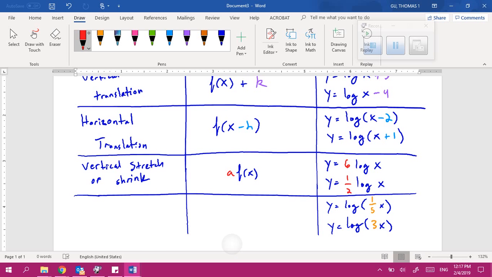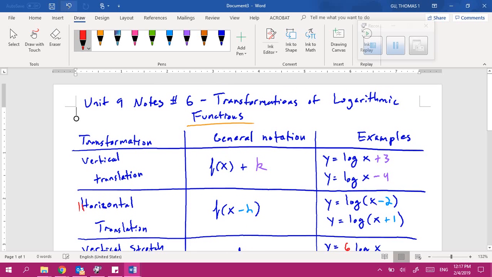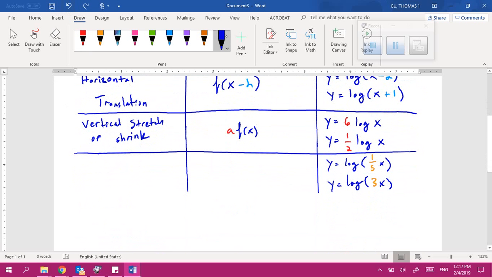So this is going to be a horizontal stretch or shrink, and the general notation for this is going to be f of 1/b times x.